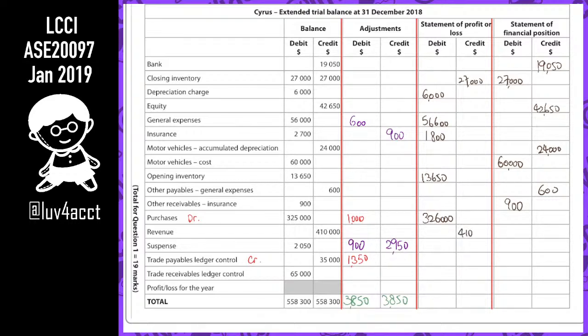Revenue, no adjustment. Suspense is gone. Trade payables, 35,000 less 1350, which will give a net amount of 33650. And then trade receivables, 65000. So the last item, being the profit or loss for the year, we'll have to calculate the total.